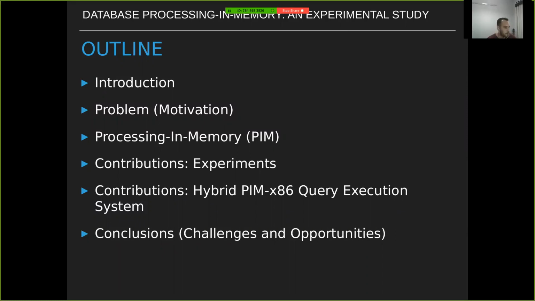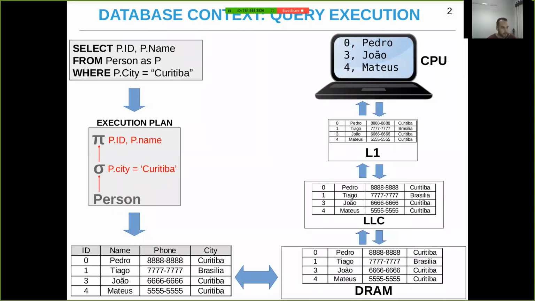Okay, let me turn to the database context. During query execution, database systems access a lot of data throughout the memory hierarchy, and need to transfer the data into the processing unit, the CPU. But the memory hierarchy is comprised of cache levels and the main memory, and each level has different latency and capacity.